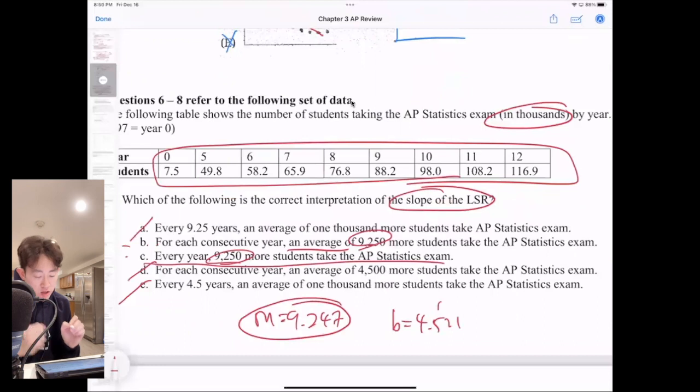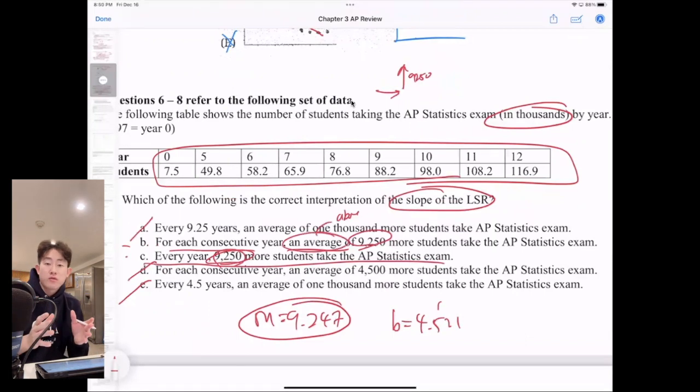C is not the correct answer because what C is saying is a guarantee that every year, there are 9,250 more students, period. But if you read B, for each consecutive year, an average, you can replace that word with about. An average of 9,250 means that it doesn't necessarily have to be exactly 9,250, but on average, it's going to be that much.